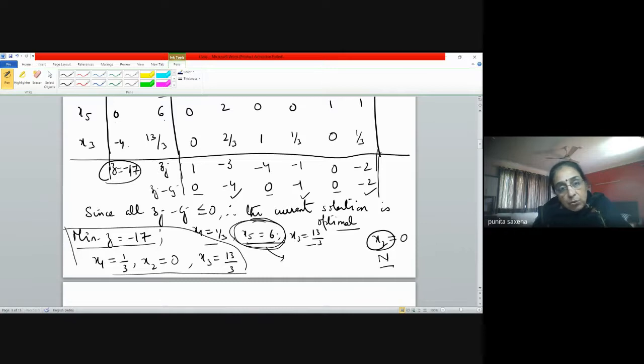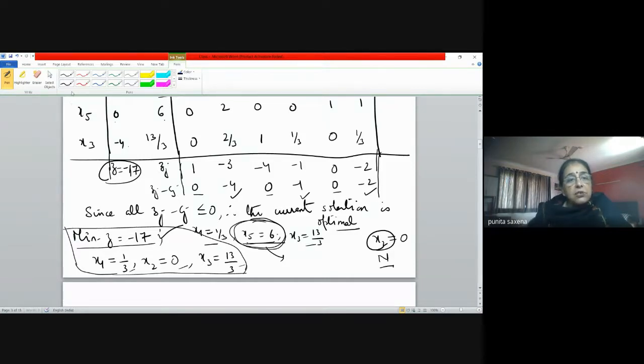It has taken a positive value. So it has its economic significance, but right now we are not discussing that. We'll discuss it later on. That's why we are just saying that the optimal solution will be read like this: we give the minimum value of the objective function and the values which the decision variables take.